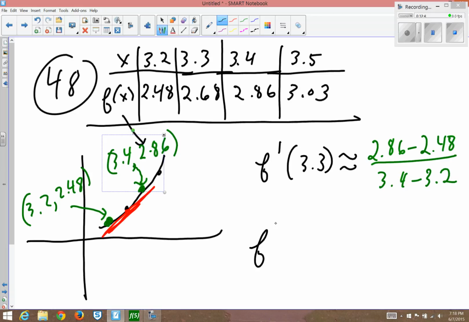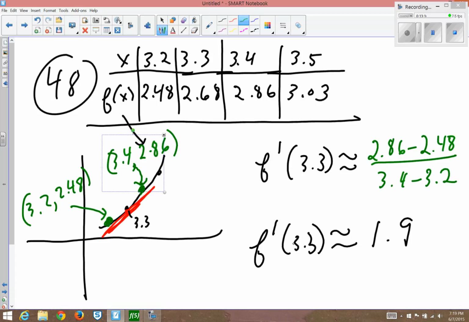So the derivative at 3.3, which means the slope of this red line, is approximately, you can put all of this in your calculator, you'll see that that's approximately 1.9. Well, this green slope is actually exactly 1.9, but we're saying that number approximates the slope of this red line, even though it's really the slope of a different line.